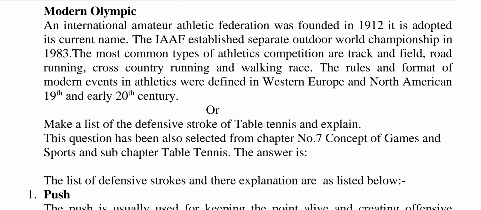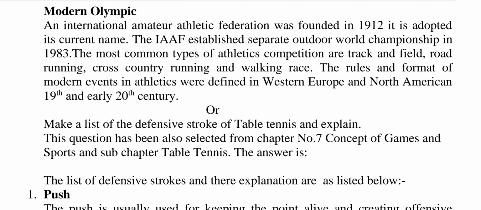The IAAF established separate outdoor world championship in 1983. The most common types of athletic competitions are track and field, road running, cross country running, and walking race. The rules and format of modern events in athletics were defined in Western Europe and North America in 19th and early 20th century.